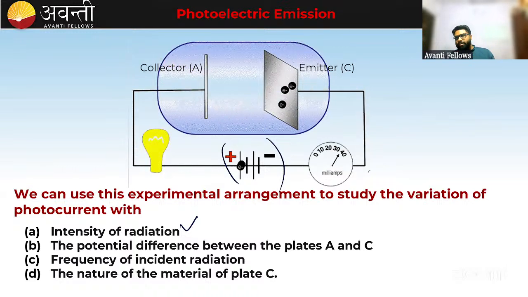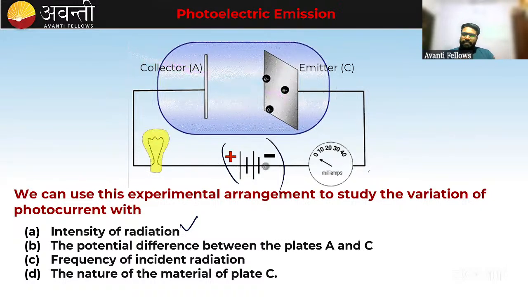Because in the case of potassium we have seen that potassium is sensitive to the visible light also, while on the other side, cesium, the metal cesium, only shows the emission in presence of UV rays. It is not showing any emission in the presence of visible light.